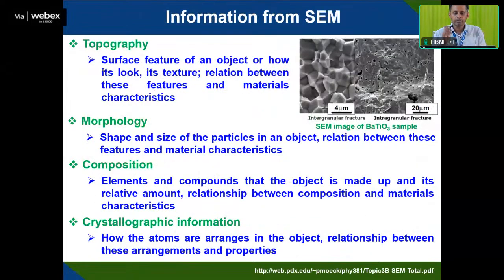A scanning electron microscope mainly gives four kinds of information: topography, morphology, composition, and crystallographic information. For topography, this is an SEM image of barium titanate. You can see how the intergranular fractures are there, and here you can see the different fracture surfaces. So you mainly get topographic surface information, how the object looks, its texture, and its relation to fractures and material characteristics.